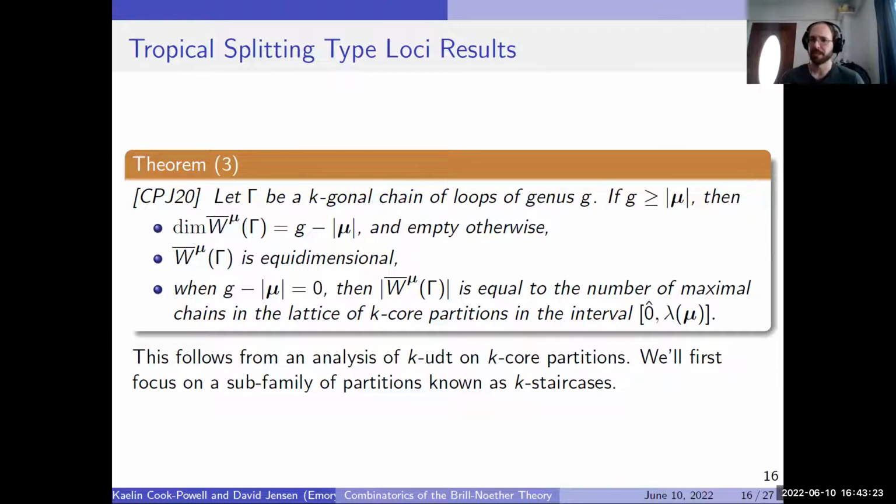That is, its codimension is this magnitude mu, which is equal to the rank of a certain partition in a lattice that we'll see. And moreover, you can actually do a point count in the dimension 0 case as a number of maximal chains in the same lattice.